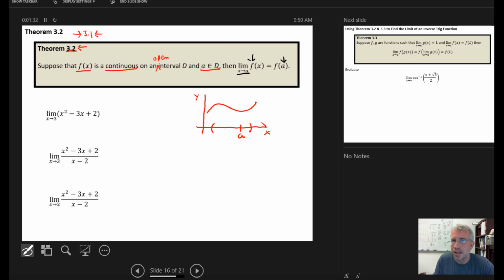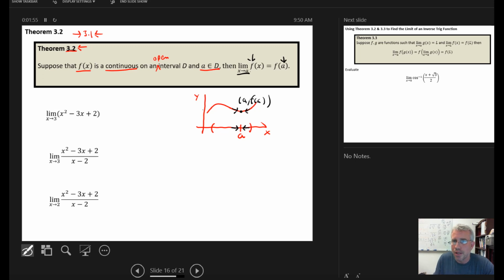So the idea is if I want to take the limit as x goes to a on my open interval over which my function's continuous, that means I'm going to be moving on the graph towards a point, and that point will have an input of a, and the output is just f of a.